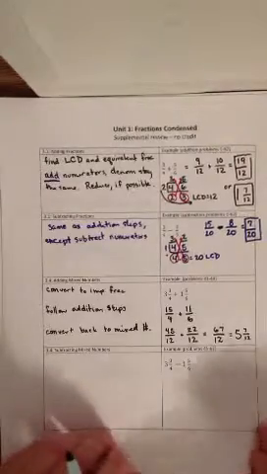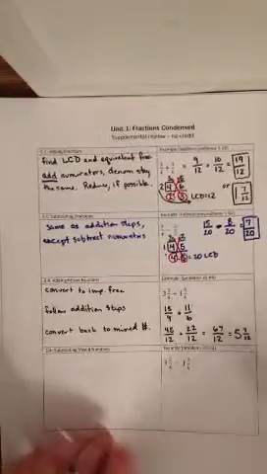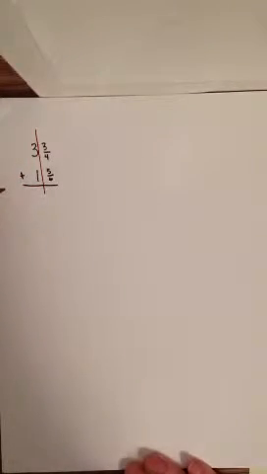Your textbook shows an alternative way of doing this problem. It looks like this. So we're going to just copy the same problem again and try it the other way. 3 3/4 plus 1 5/6. In this example, they separate the whole numbers from the fractions and deal with the fractions separately and then recombine at the end.